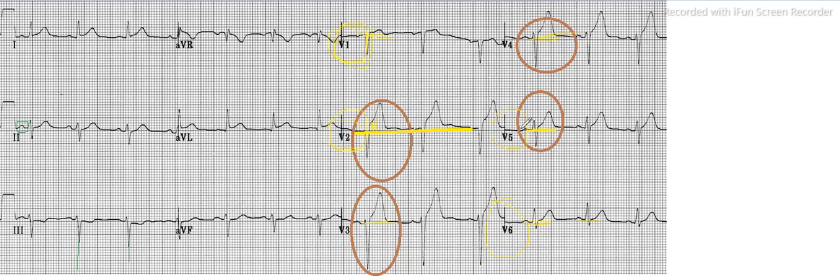So in anterior MI, if you see the inferior leads, that is lead 2, 3 and AVF, there could be reciprocal ST segment depression. So you see here in lead 3, if this is the isoelectric line, then some degree of ST segment depression and an inverted T wave you can see here.